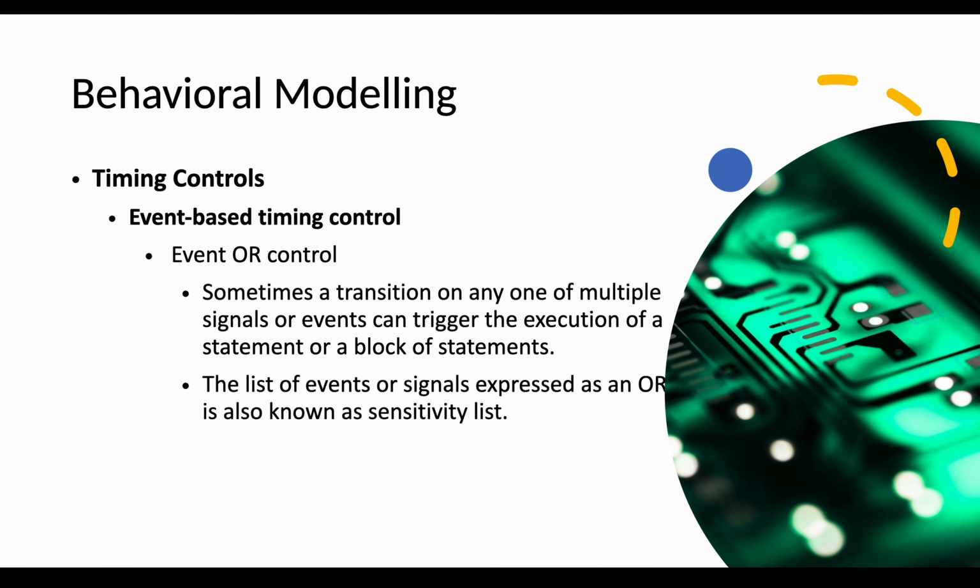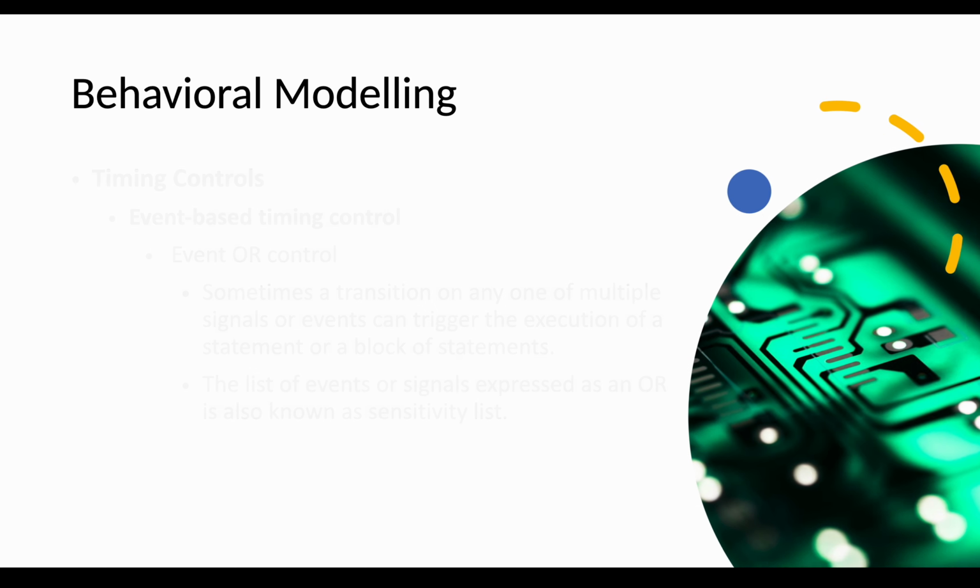Then event OR control. Sometimes a transition on any one of multiple signals or events can trigger the execution of a statement or a block of statements. The list of events or signals expressed with OR is known as the sensitivity list.